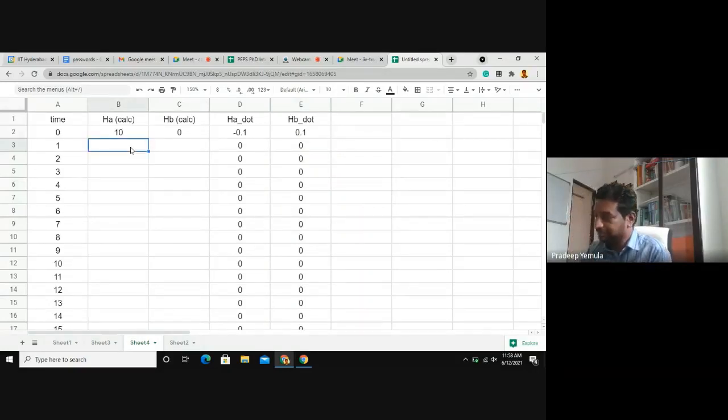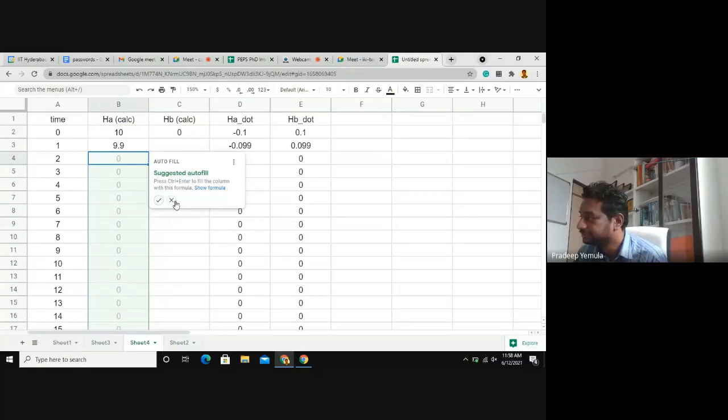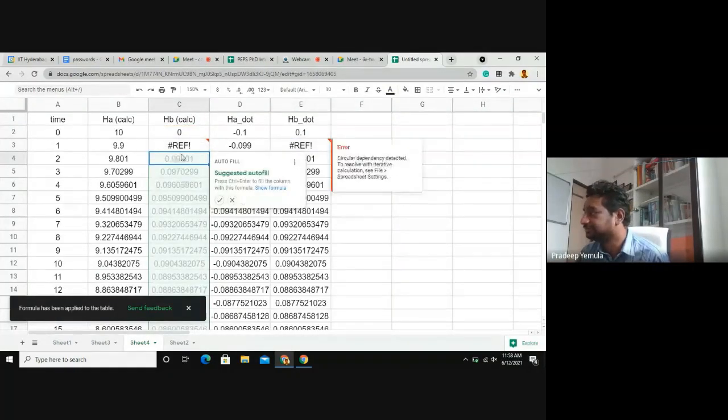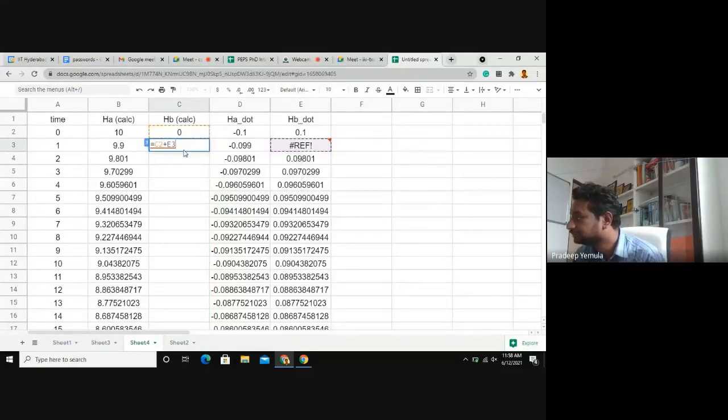And this one will be the earlier value plus the variation. This one also, earlier value plus the variation. So the simple... here I have to use B2, sorry.